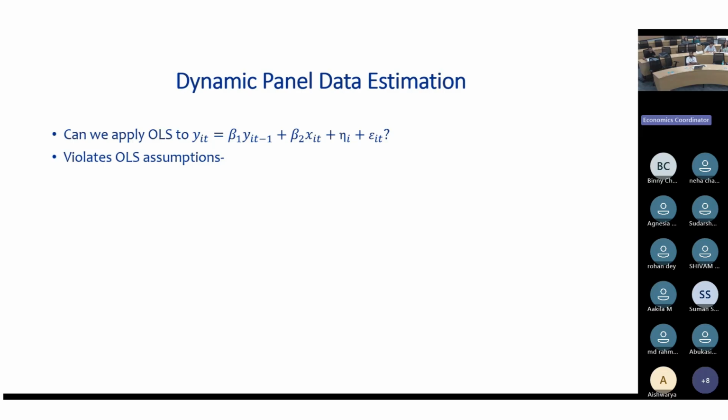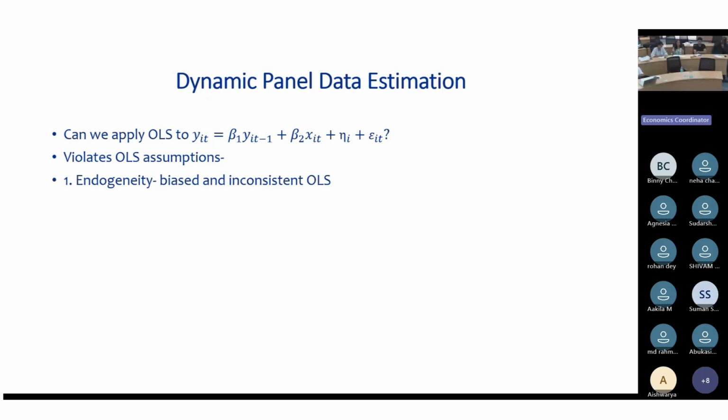You are familiar with the Euler's assumptions, but the first assumption that is violated is that we expect all the variables to be exogenous, meaning they should be independent. But the problem is that when you have a system like this, your Y_{i,t-1} and the eta_i are correlated.